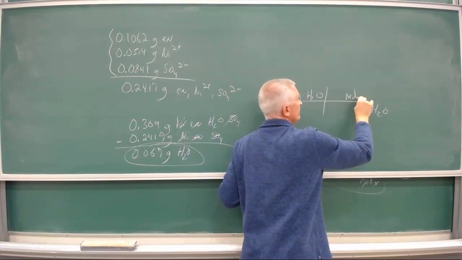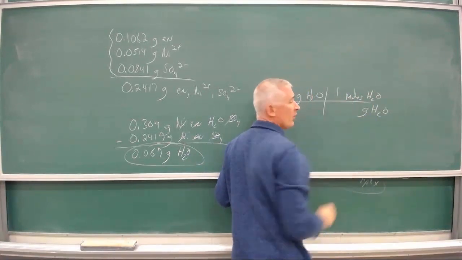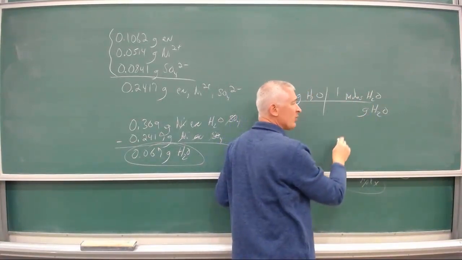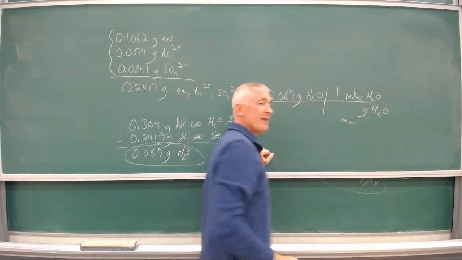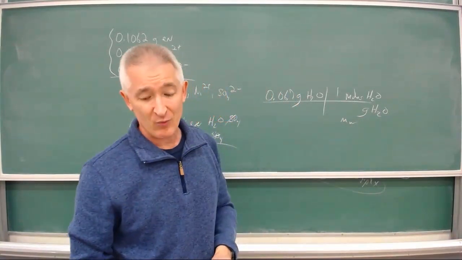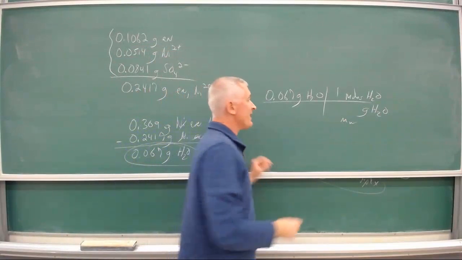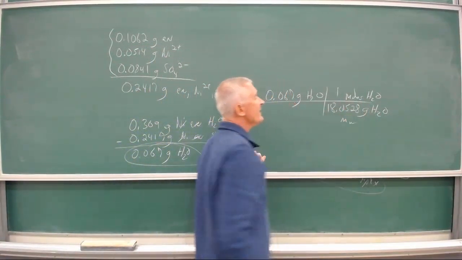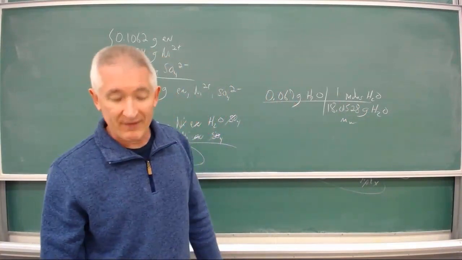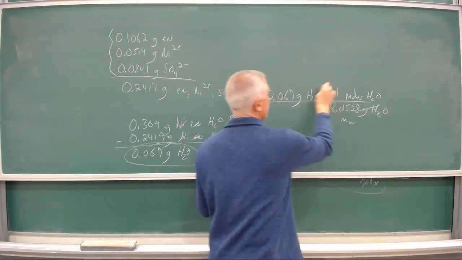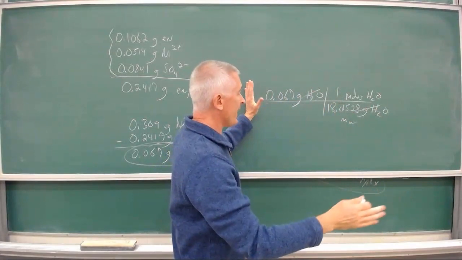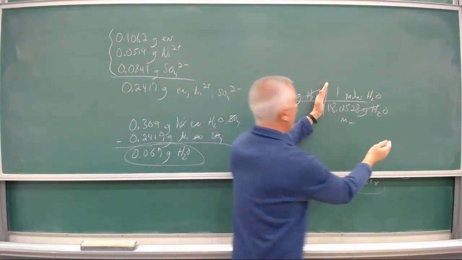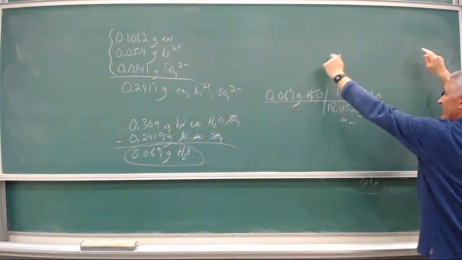moles of water. 1 mole of any substance is equal to the molecular weight of that substance. You might even have the molecular weight of water memorized by now. It's 18.01528. And again, you can do this on one line, right? You put 1 mole of water slash 18.01528 in parentheses.